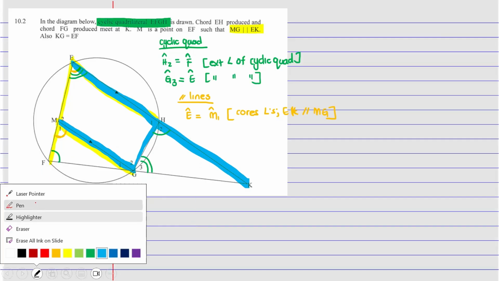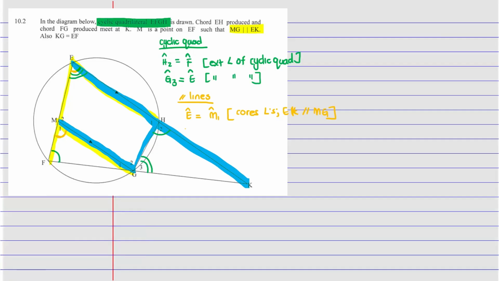Thank you for that. So angle H2 is equal to angle G2, and the reason is alternating angles, parallel lines. I'm just going to put lines. Is everyone okay with that?